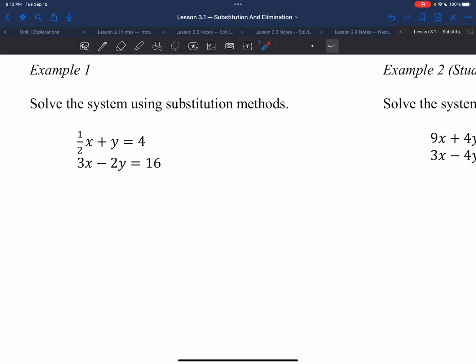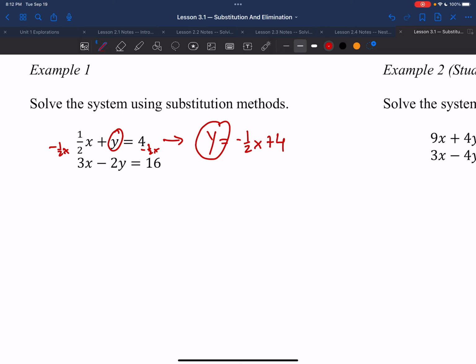So I'll notice that y here has a coefficient of 1, so it's probably going to be the easiest one to isolate. In fact, if I just subtract 1/2 x from both sides, I get y equals negative 1/2 x plus 4.